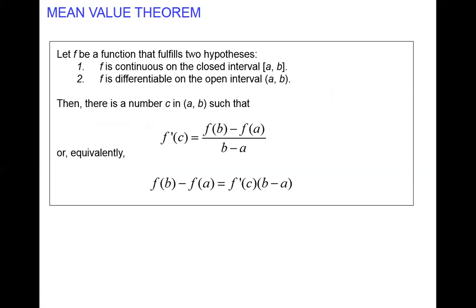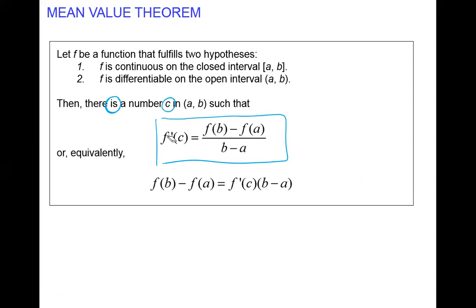The mean value theorem tells me this: if the function f is continuous on the closed interval from A to B, the same as above, and differentiable on the open interval from A to B, nice and smooth with no discontinuity, then there is a number c in that interval, of course, such that, and we will probably use that form.